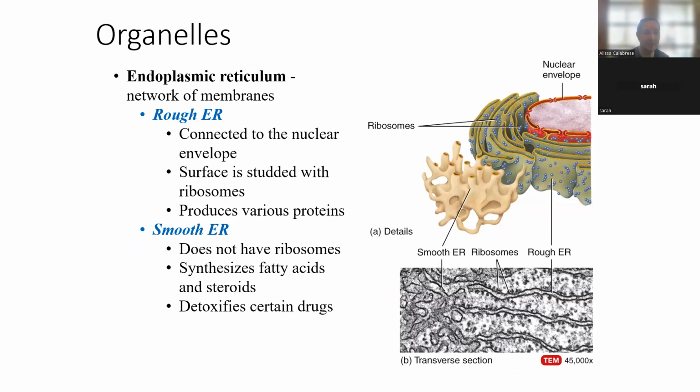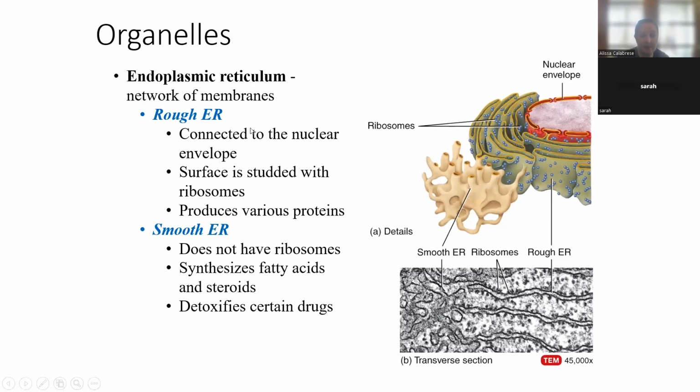So endoplasmic reticula, you've got a few of these in each of your cells. It consists of rough ER and smooth ER. Rough ER is called rough because it's got ribosomes on it. So these little dots on the rough ER are ribosomes. It makes it look rough under the microscope.